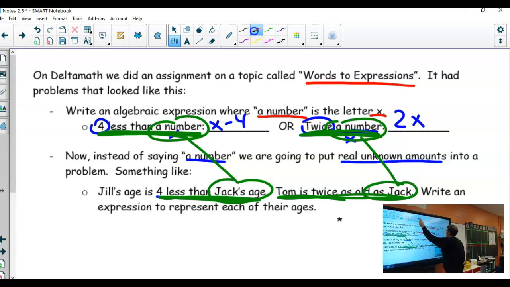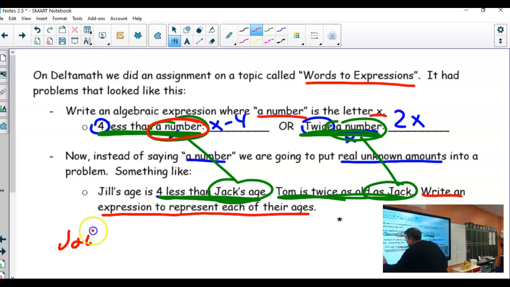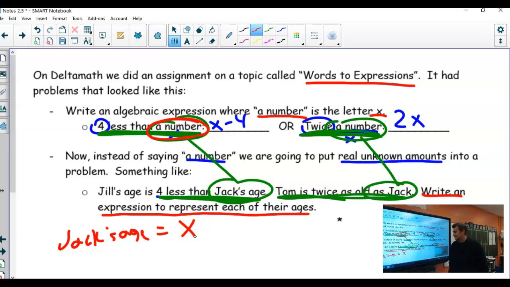So it tells me I am supposed to write an expression to represent each of their ages. So in this case, instead of just a number, I have Jack's age. That is my x. And Jill, well, Jill is 4 less than Jack.